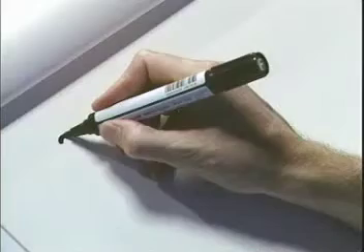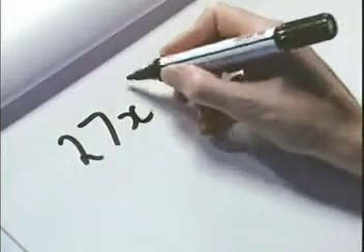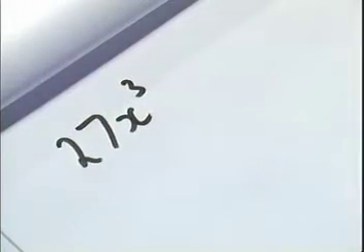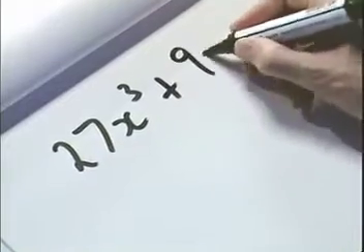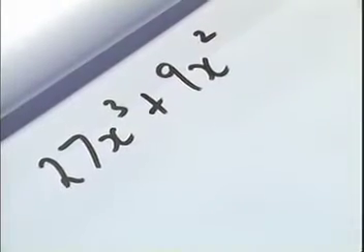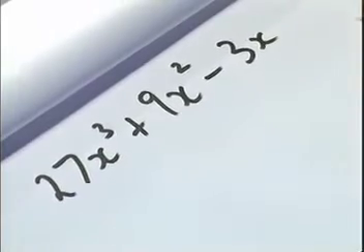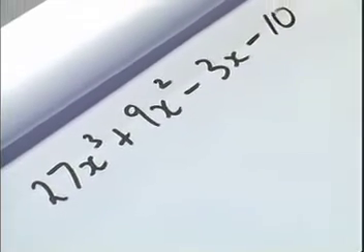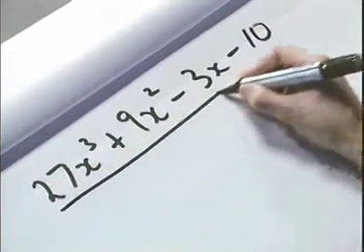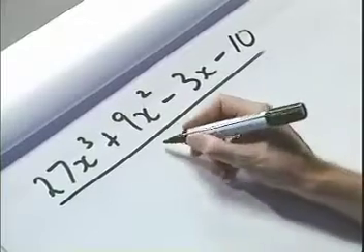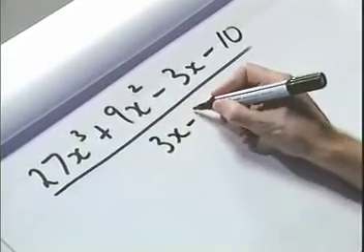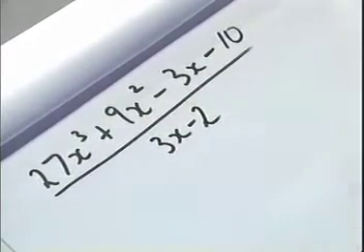So, let us take this 27x cubed plus 9x squared minus 3x minus 10 all over 3x minus 2.